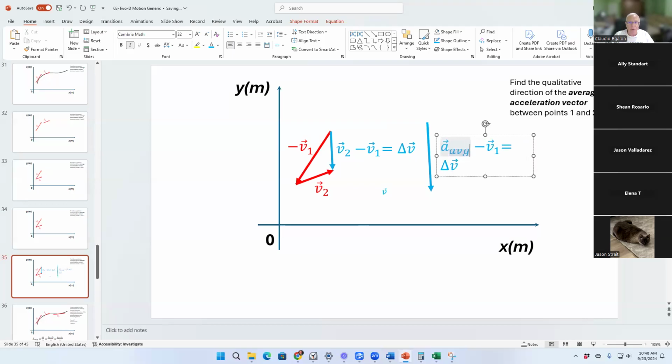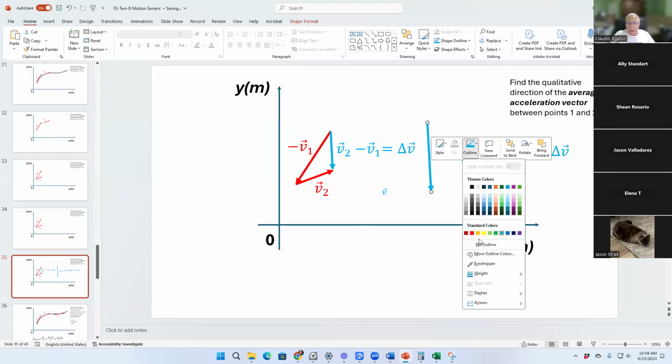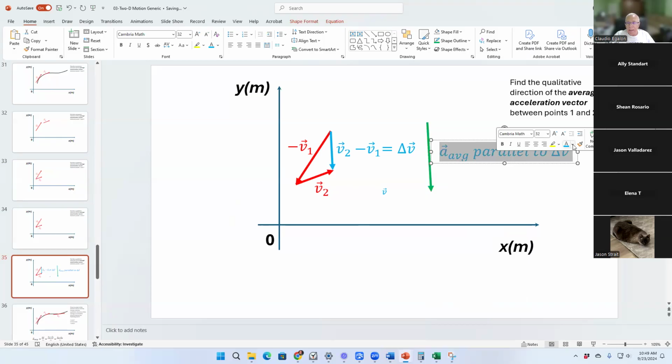AVG. Parallel to delta V. And I'm gonna put a different color so you know it is a different quantity. Okay.